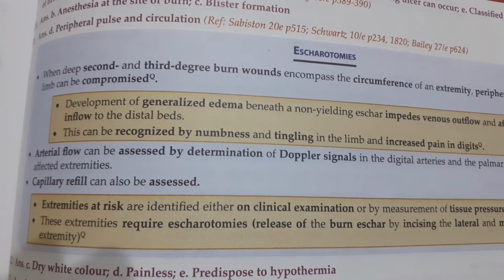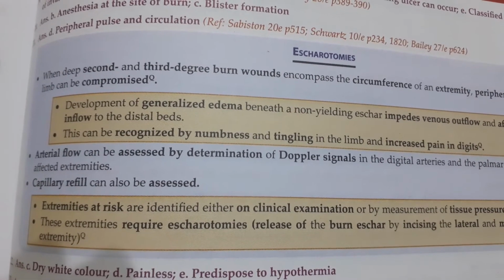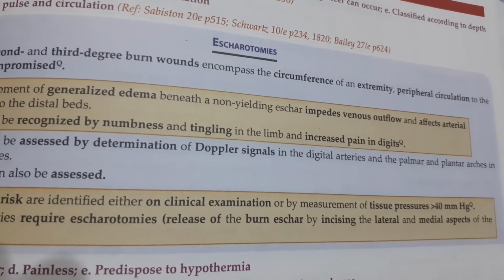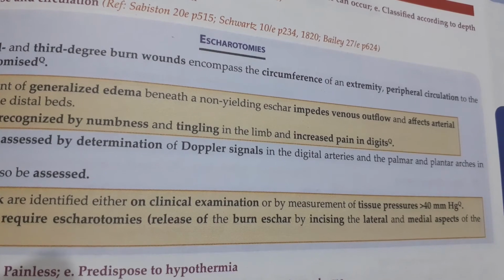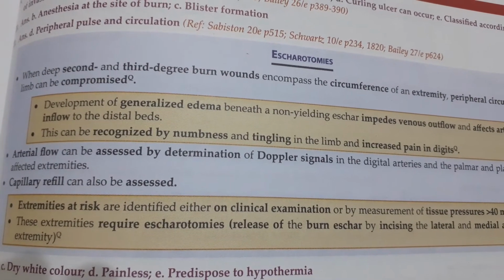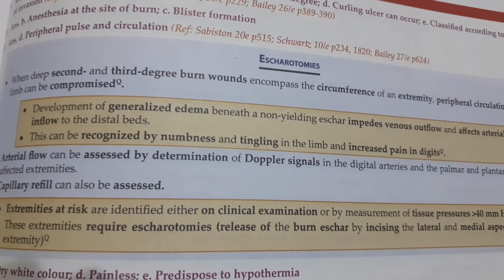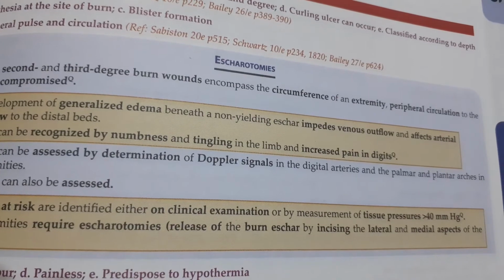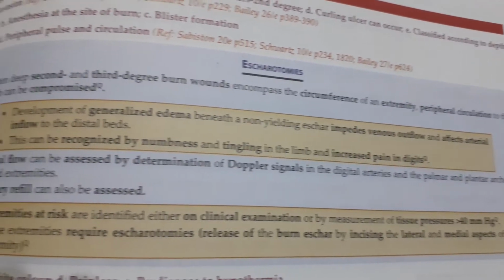Extremities at risk are identified either on clinical examination or by measurement of tissue pressure more than 40 mmHg. These extremities require escharotomies, release of the burn eschar by incising the lateral and medial aspect of the extremity.